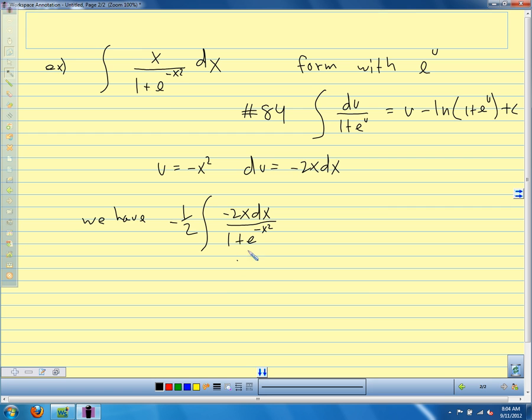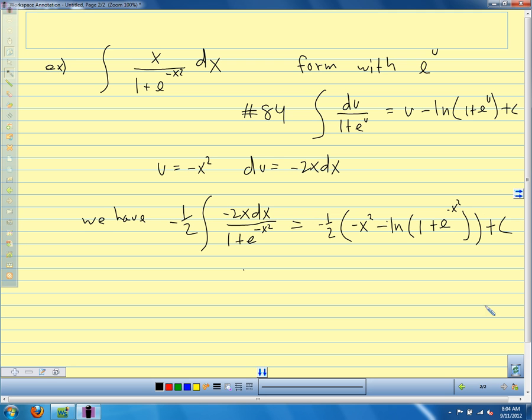I miswrote my problem initially. So here's my du, here's my 1 plus e to the u, and this factor of minus 1/2 takes into account that we don't have this minus 2 in our original integral. And I just plug into my formula, so I get minus 1/2 times minus x squared minus the natural log of 1 plus e to the minus x squared plus c.